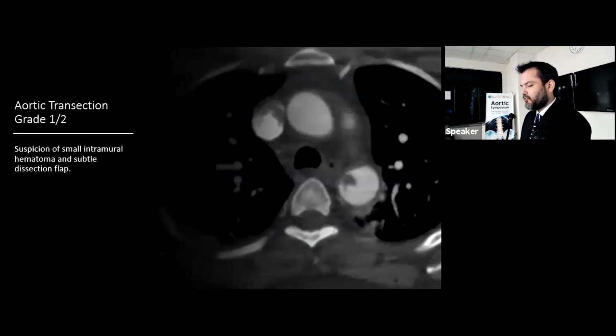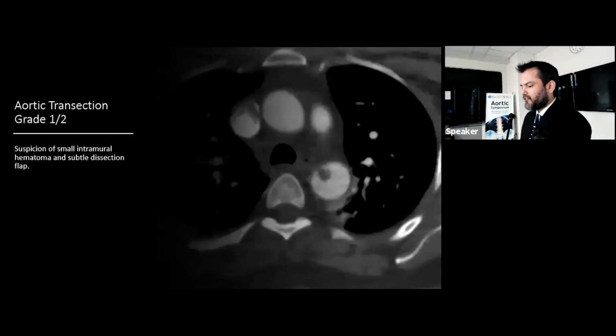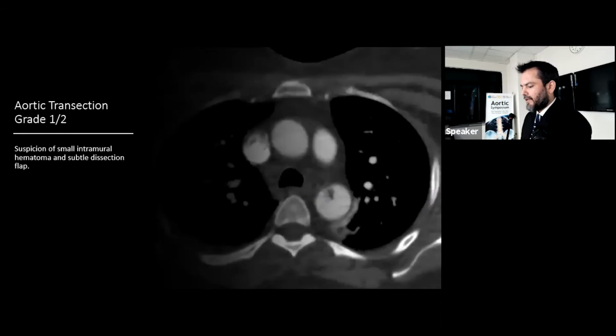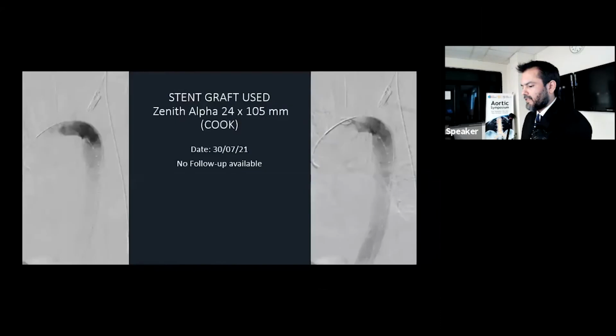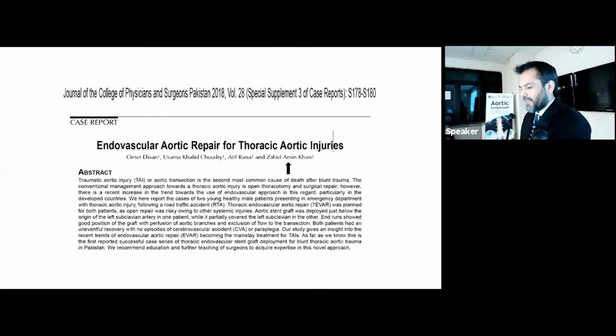I've put grade 2 transection because I think there is a little bit of an intramural hematoma, but certainly he has an intimal injury. As we can see, we've got clot over there, and as you follow it down you can see it here in the coronal section. We used the Cook Zenith Alpha graft, and we've got a good result. We've actually published several of these in one of our local journals.